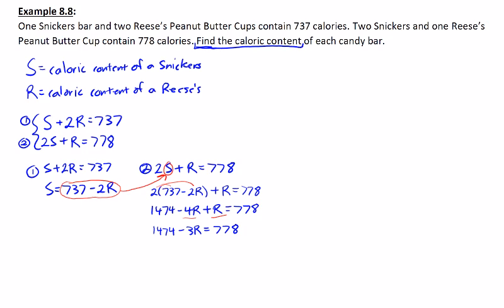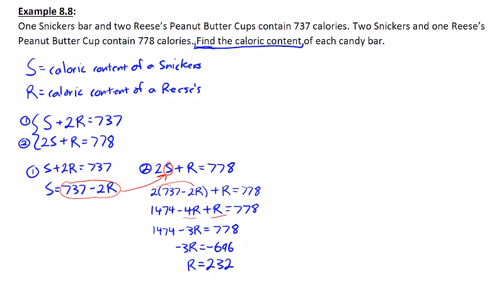Then I will need to subtract 1,474 from 778, giving me negative 3R is equal to negative 696, and divide both sides by negative 3, and we will get that R is equal to 232.